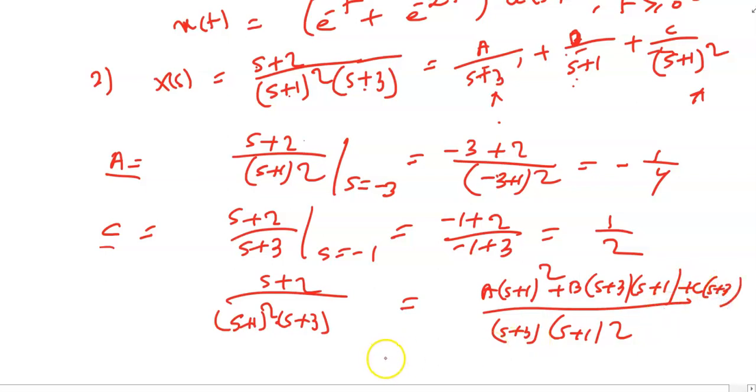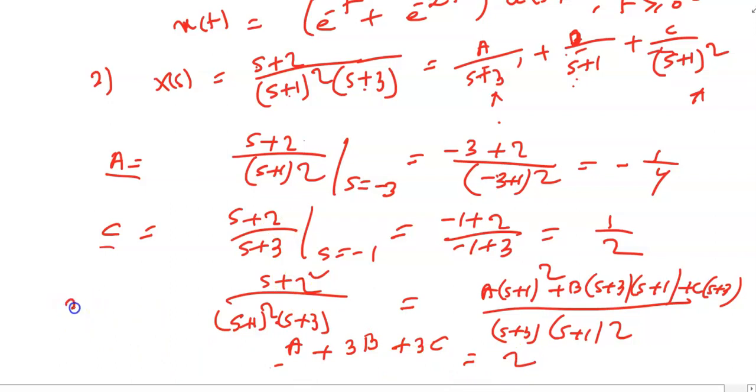So I'll equate the coefficient of the constant term. When I equate the constant term, here I get a, plus 3b, plus 3c, equal to the constant term, which is 2.